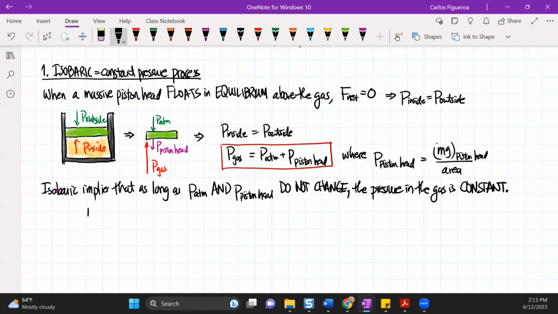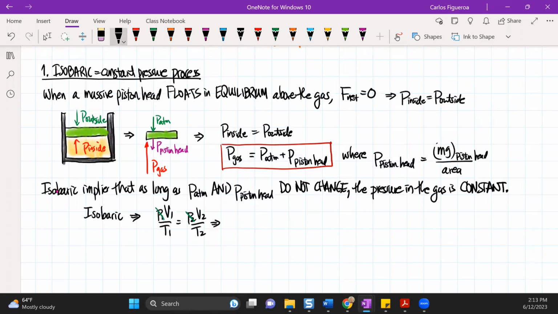So therefore, if I say isobaric, what that tells me here is that then I have P1V1 divided by T1 equals P2V2 divided by T2. This clearly tells me that the pressure plays no role.